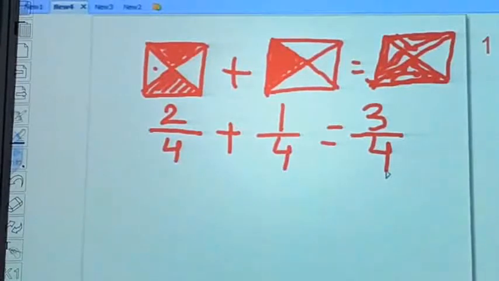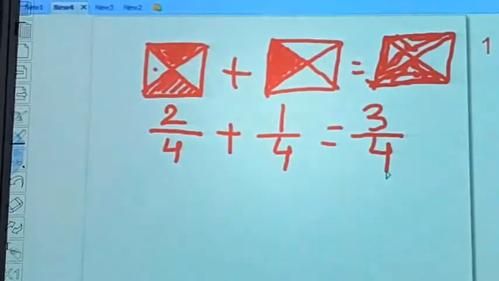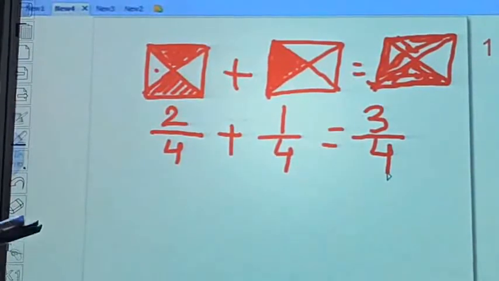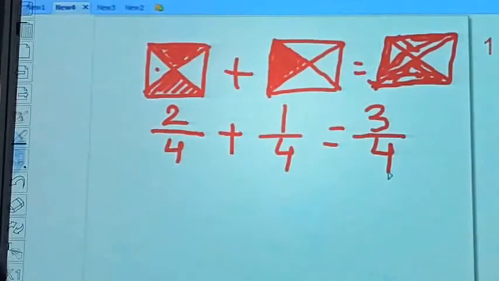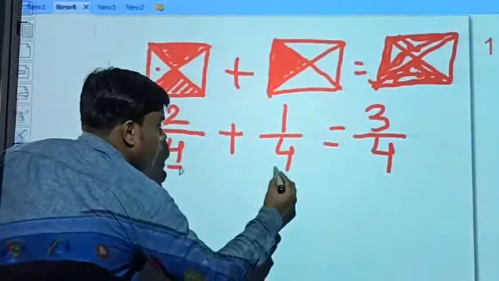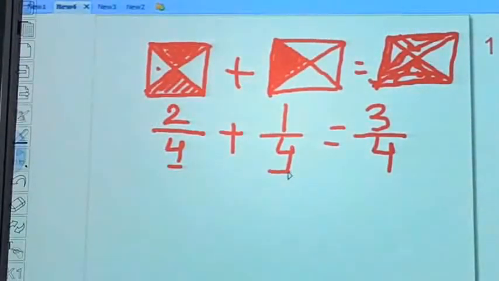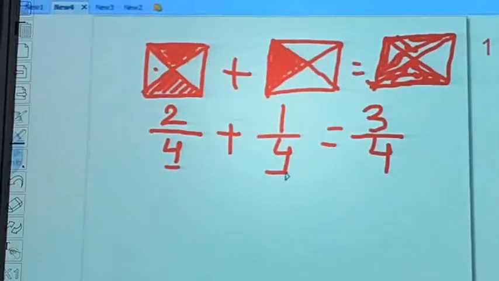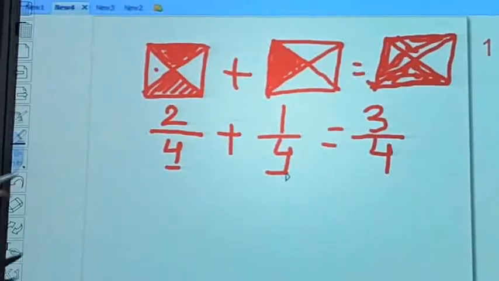3/4. So we see that it is easy to add or subtract fractions with the same denominators. See, the denominators are the same in both cases, so this type of fractions are called like fractions. It is very easy for us to add or subtract like fractions.